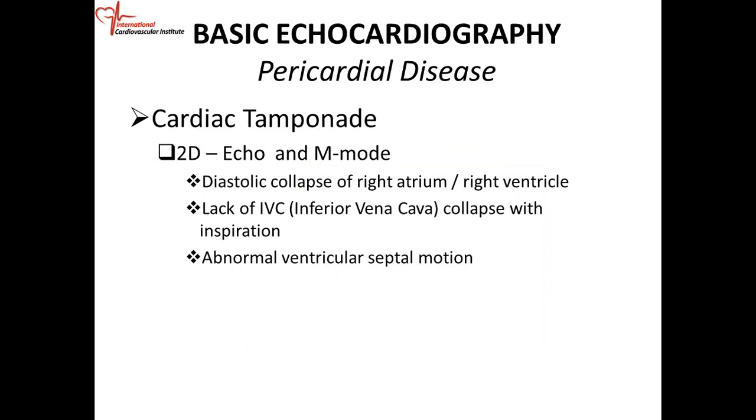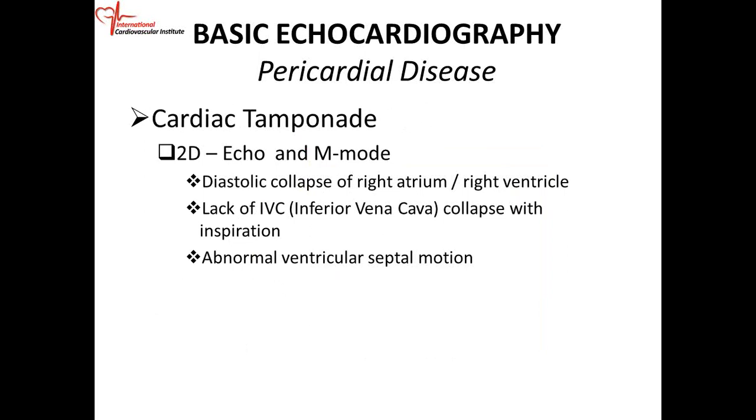And the reason for that is you have fluid in the pericardial sac. It is producing increased pressures. So in diastole, when the left ventricle fills, and if you take a deep breath in, when you inspire, it increases blood flow on the right side of the heart.